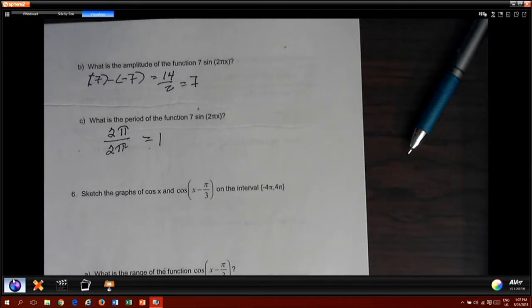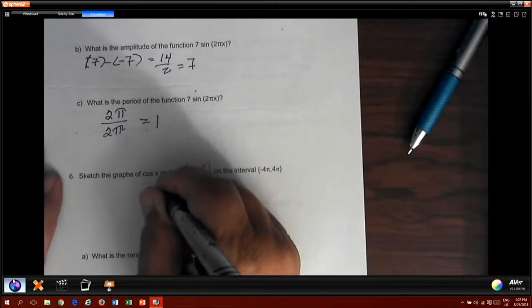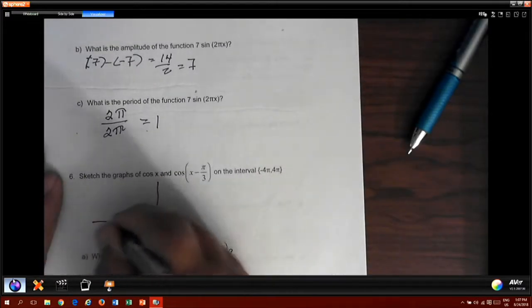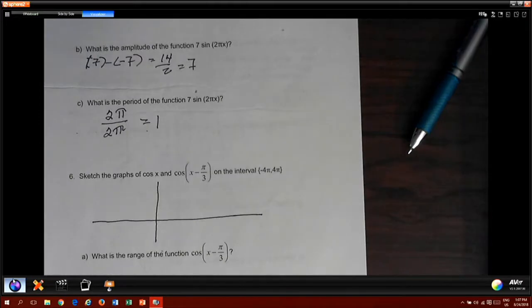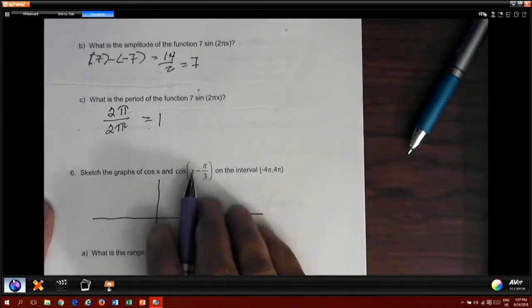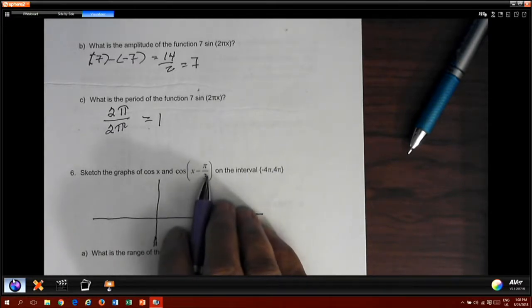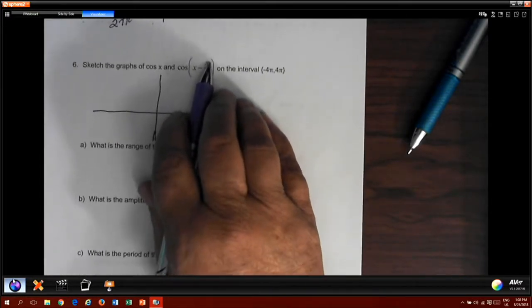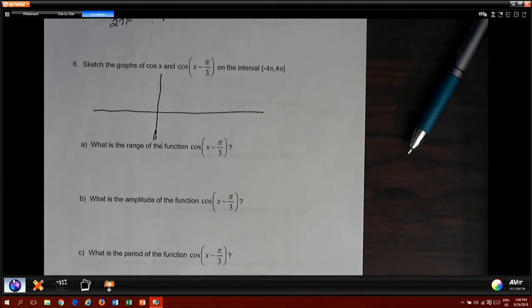Okay, now we have sine x and x minus pi over 3. Now this is going to be another interesting one because we're making another change. But if you remember from when we did transformations of regular graphs, this inside the parentheses means we are adjusting or we are changing horizontally.